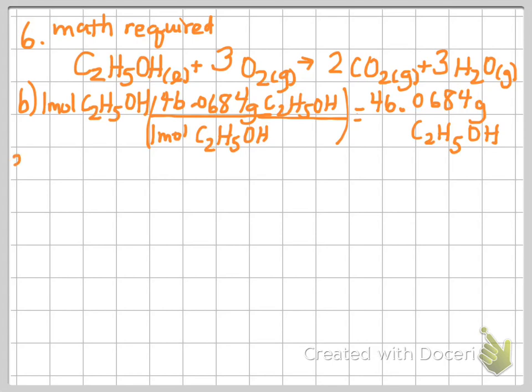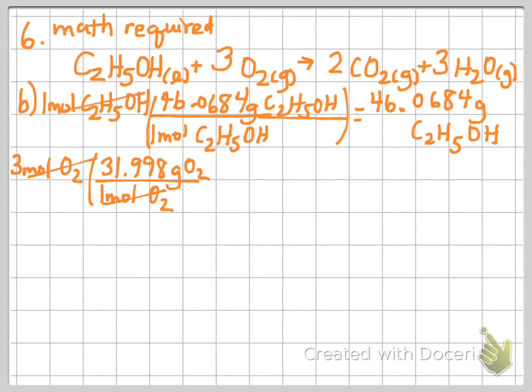Then we have oxygen, and we're going to start with 3 moles of oxygen. I'm going to use oxygen's molar mass. I get this number by adding up 2 oxygens on the periodic table. I get 95.994 grams of oxygen. Okay.